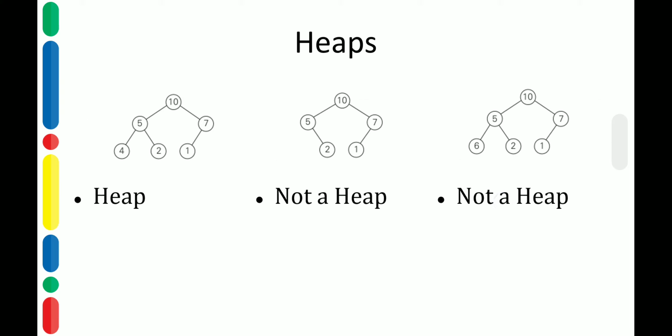What do we mean by this? If you look at this example, the first graph is an example of a heap. Now let's say that I have picked a node at random, let's say 5. With 5 as the root, we have to construct a tree such that it includes all the descendants.